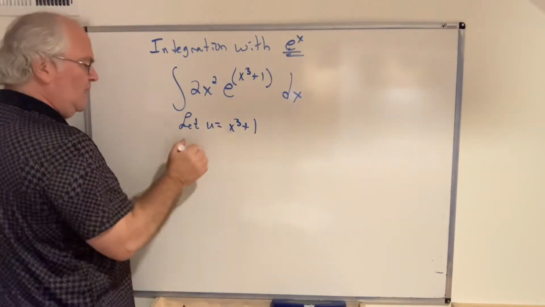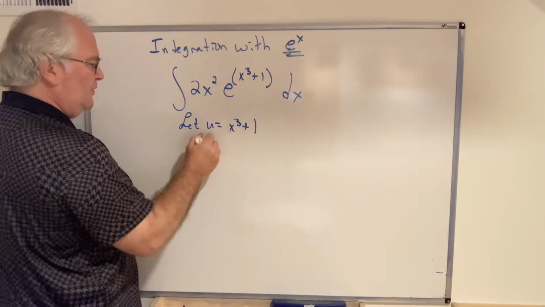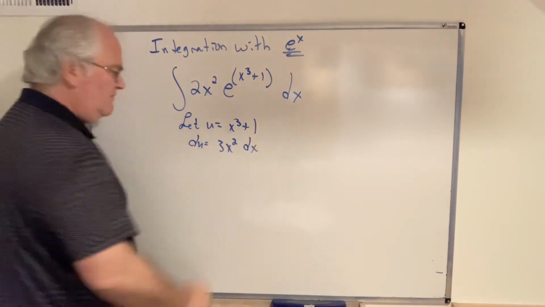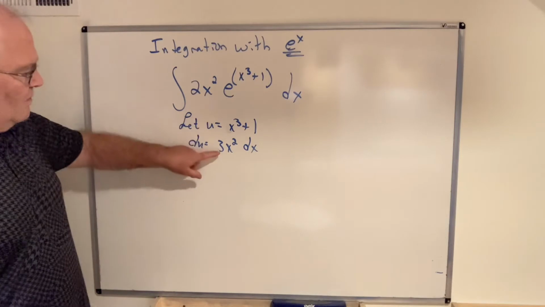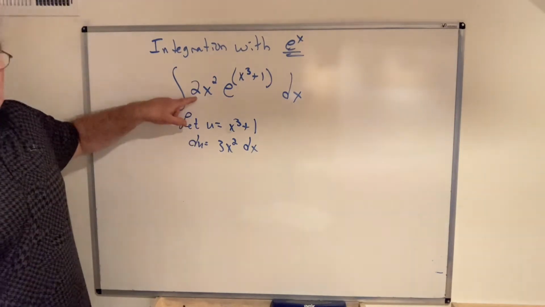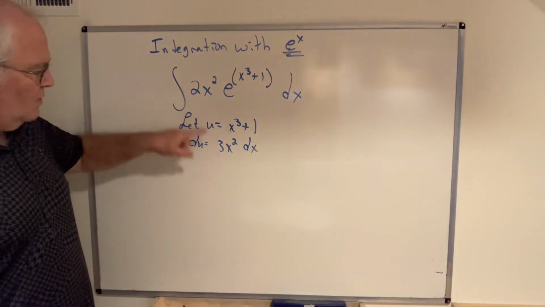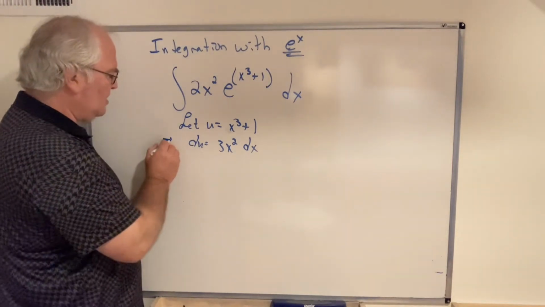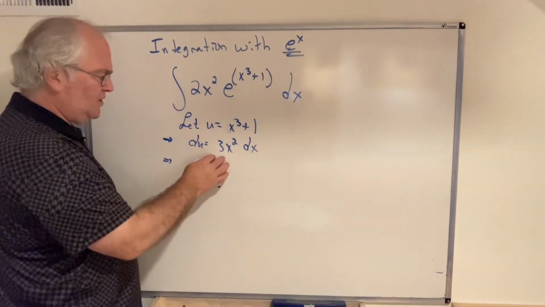We need to find the derivatives of both sides. So the derivative with respect to u is 3x to the second, derivative with respect to x. But we have 3, we don't want 3, we want 2. And so we need to get rid of the 3. Sometimes, early on especially, I like to do it in 2 steps.